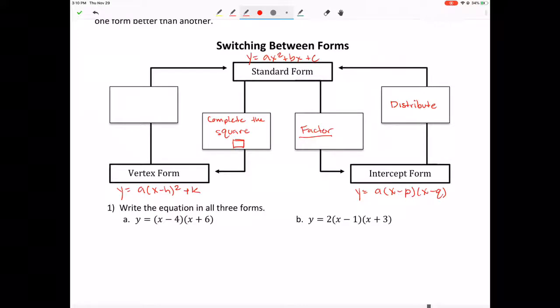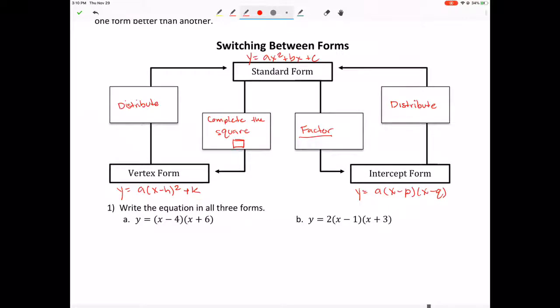All right, and we've talked about in our last unit when we were solving, we could solve by completing the square. And here we won't be solving, but we'll be writing it by completing the square. Okay, and then if we have it in vertex form and we want to bring it to standard form, we distribute. Okay, so write all those down.